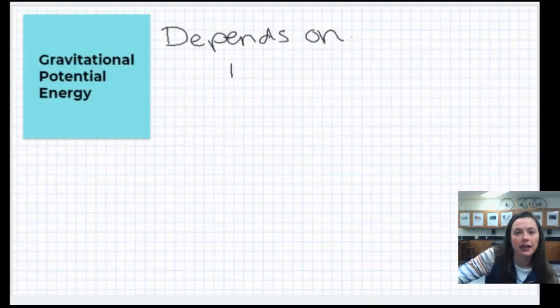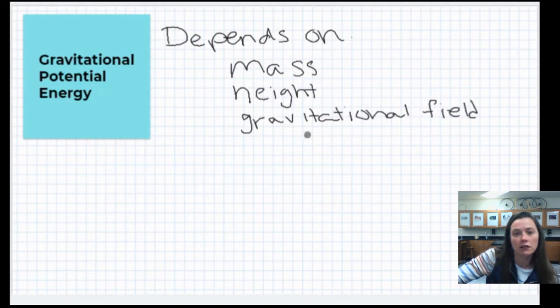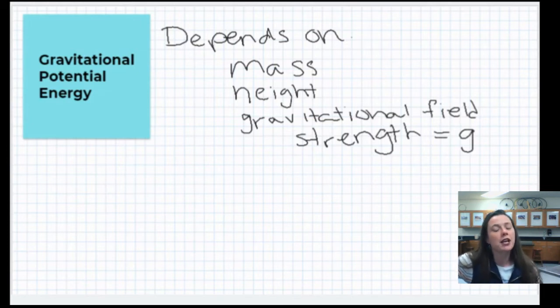Gravitational energy depends on three things: an object's mass, an object's height, and the gravitational field strength. This is abbreviated lowercase g and is our familiar 9.8 meters per second squared on Earth.